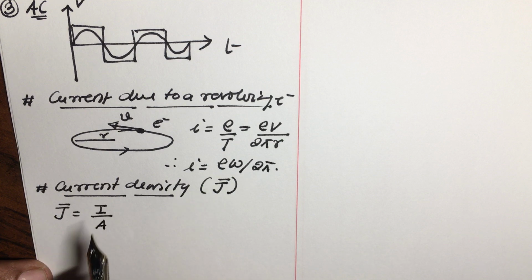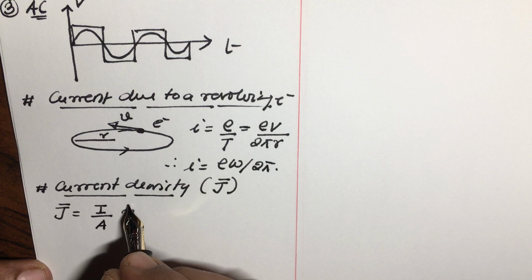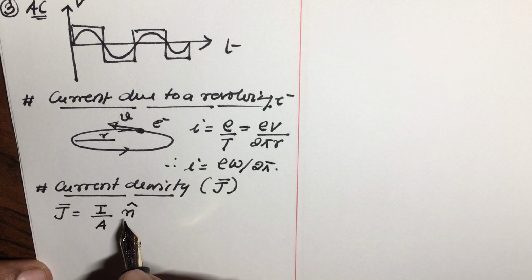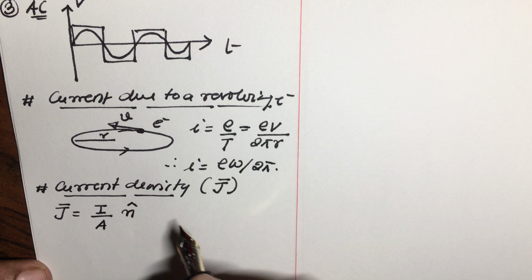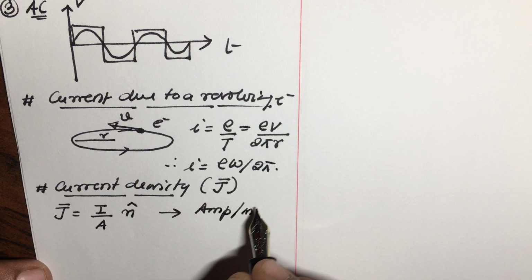I repeat, it is a current per unit area of cross section. And of course you have the vector quantity over here. So on the right hand side you write n cap, where n cap is a unit vector in the direction of current. So obviously the unit would be ampere per meter square.